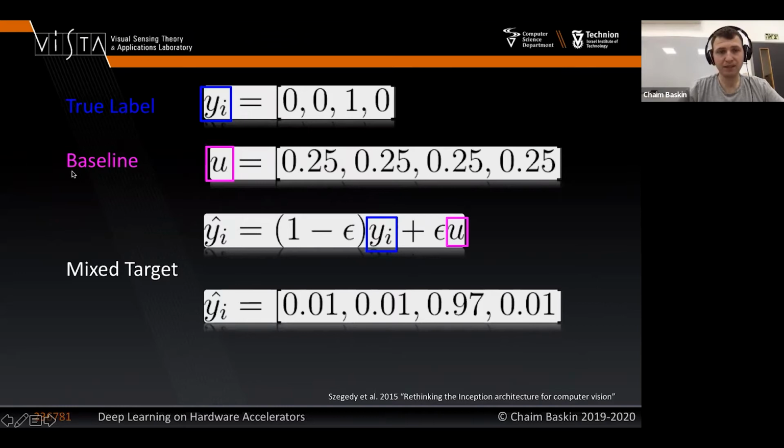Our baseline is like that, and our prediction from the classifier is y_i plus u, with some noise of 1 minus epsilon plus epsilon, and our mixed target will be like that.